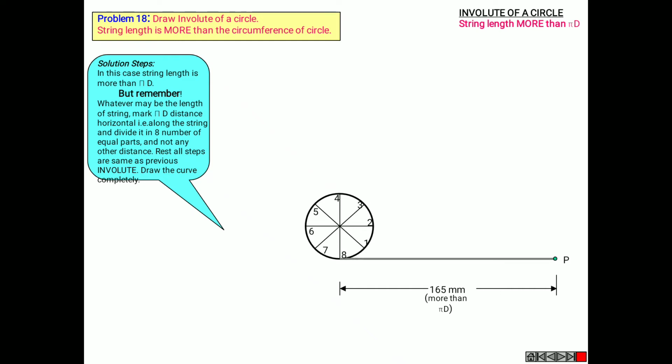So we know the value of pi d, and since he's saying that the string length is more than the circumference of the circle, we'll extend the line and divide that line into 8 equal parts, and mention them.